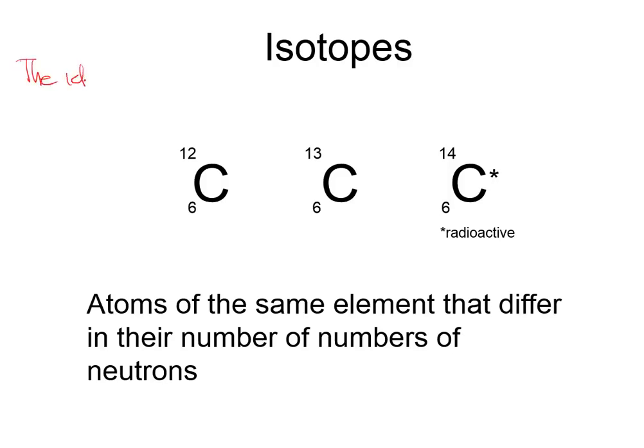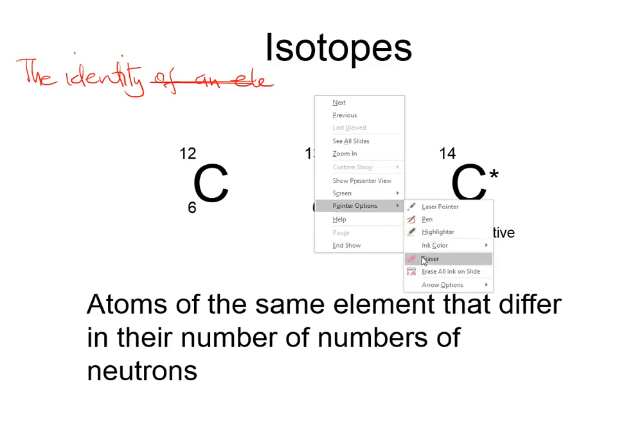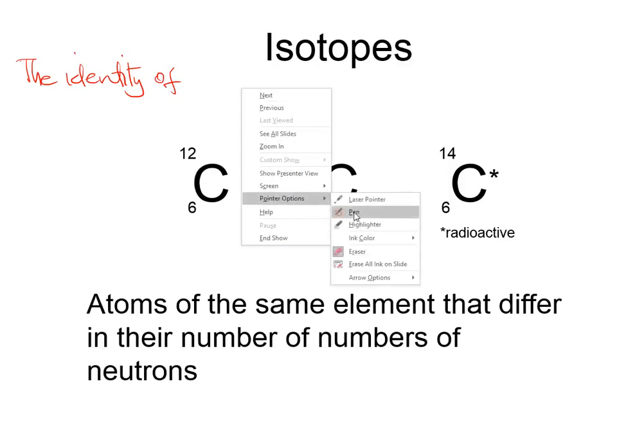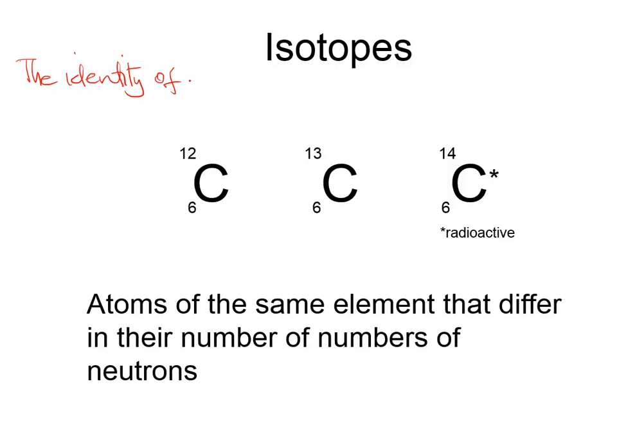So the identity or name of an element is given by the atomic number, and we know that the atomic number is the one that is down here.